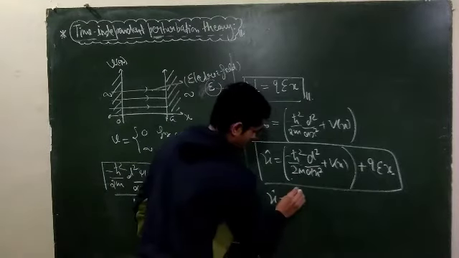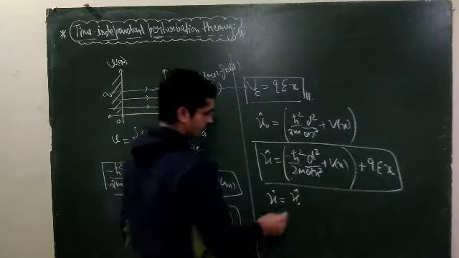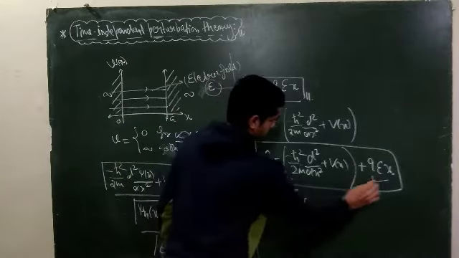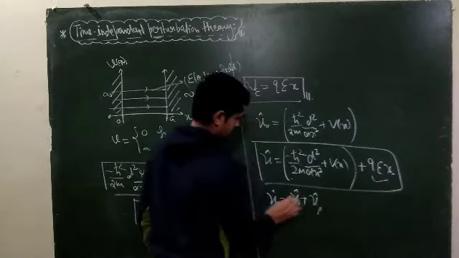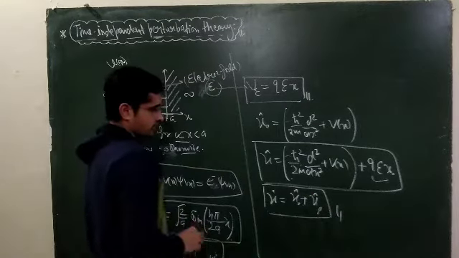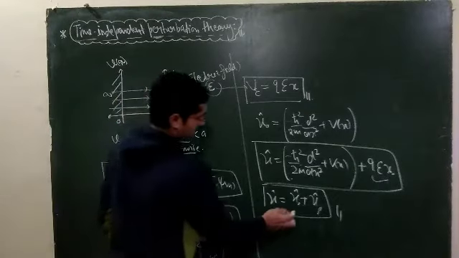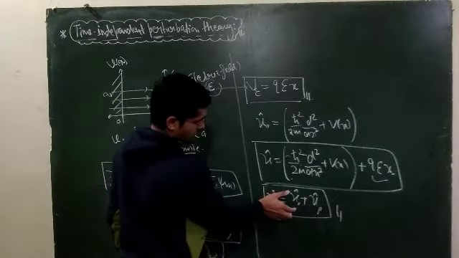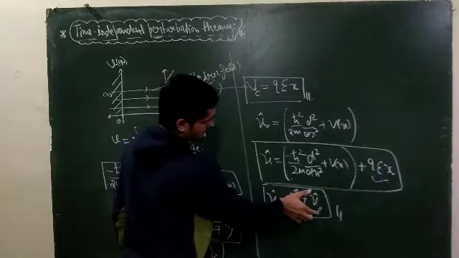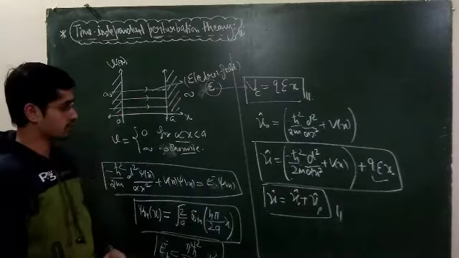This is H naught, the exactly soluble or unperturbed Hamiltonian. And there is some perturbation, a disturbance in the system. The new Hamiltonian of the system after applying the electric field will be the sum of the old Hamiltonian and the new perturbed Hamiltonian due to some external disturbance.